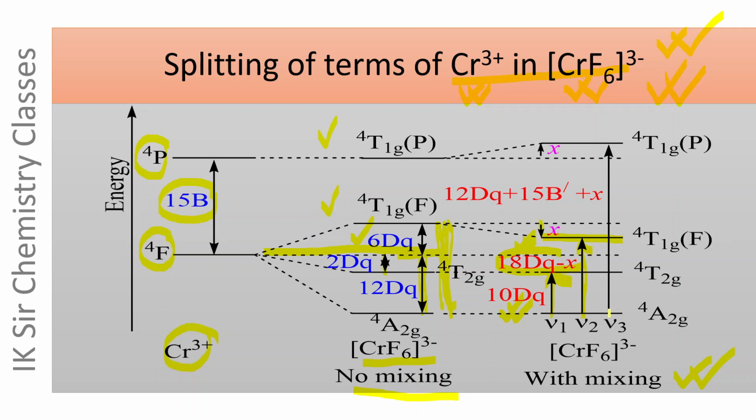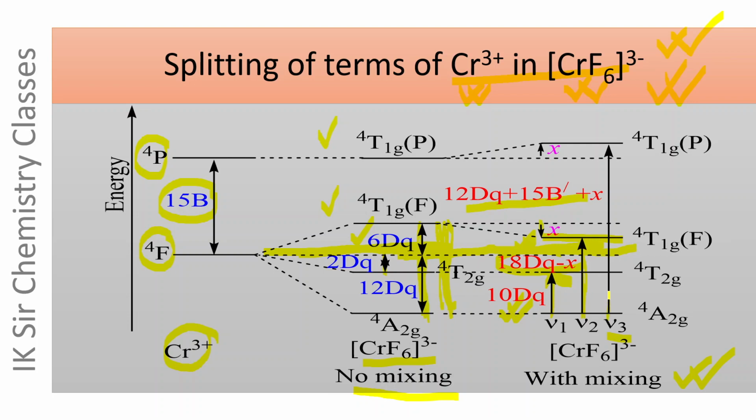And now the third transition, which requires the maximum energy, is represented by nu3, and the energy required for this transition can be understood. This energy difference is 12 Dq.